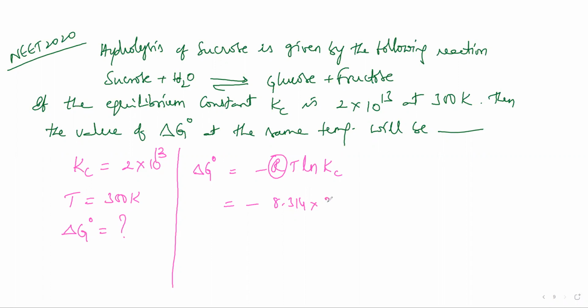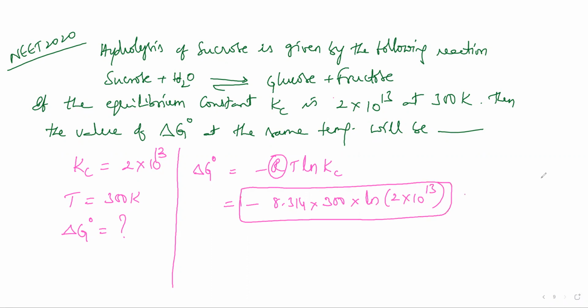Then the temperature is given, 300, into ln Kc. What is the Kc value? 2 into 10 power 13. So this is your answer, and this is one of the options given in the question.